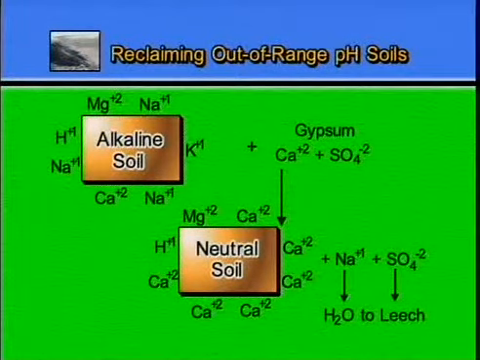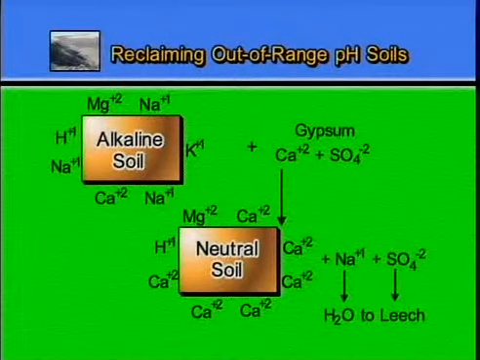Because oftentimes when we have extra sodium in the soil, it actually becomes antagonistic to the uptake and utilization of the calcium, which of course is an essential plant nutrient, whereas sodium is not. So even if we can't leach the excess sodium down in the profile, the application of the gypsum at least applies additional calcium in soluble form that can help combat or somewhat offset the effect of the high sodium content in the soil.